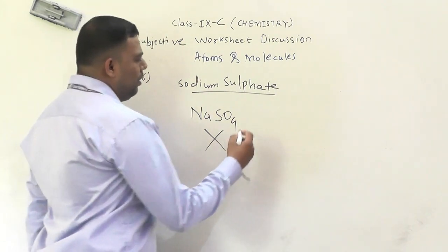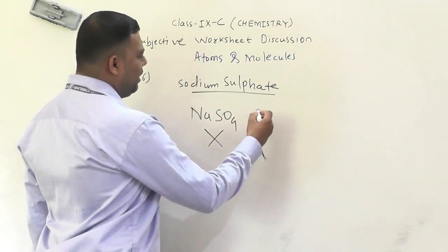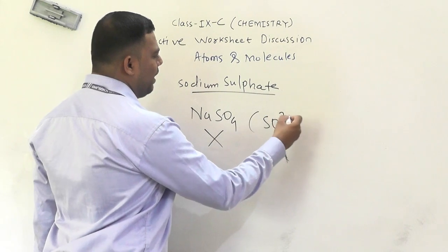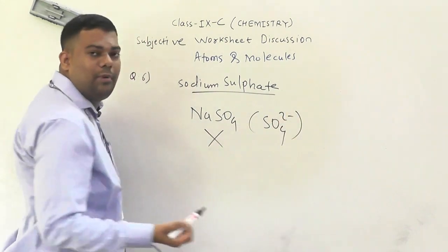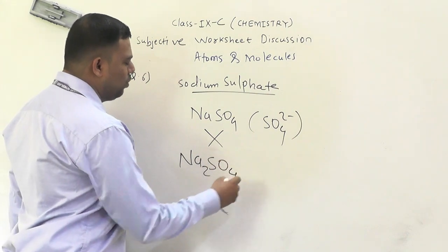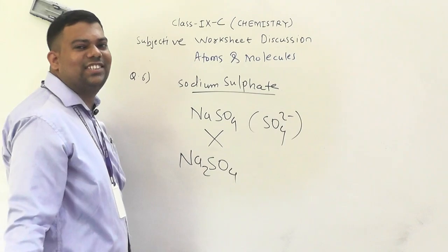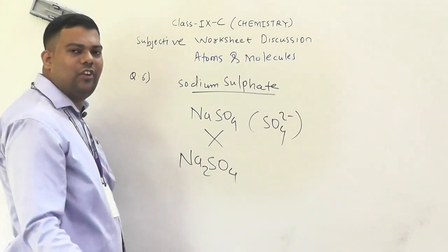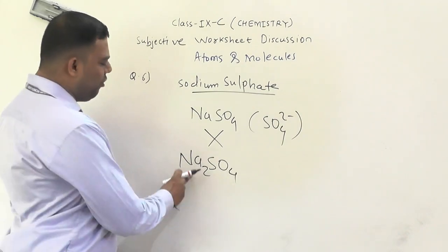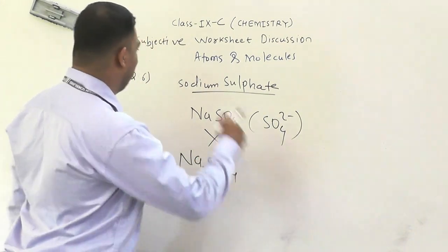Here the sulfate ion is SO4 2 minus, and Na is plus 1 only. So you will get the formula like this: Na2SO4. This 2 comes from crossover valencies. According to crossover valency, you get Na2SO4, where the SO4 is sulfate, 2 minus. Okay.